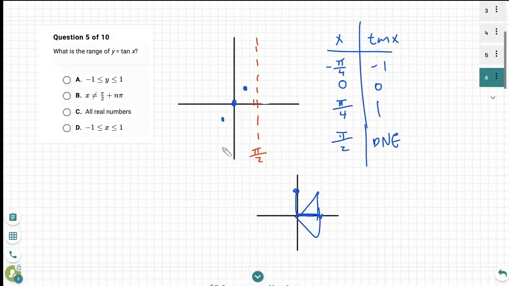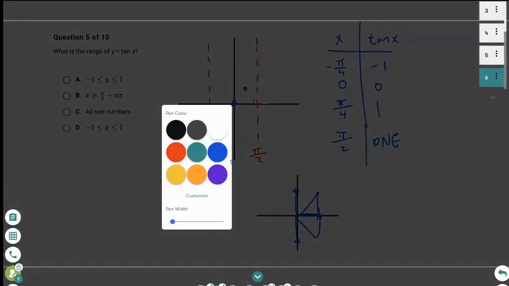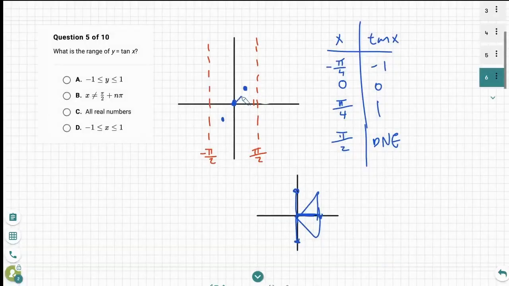And then same thing. What about negative pi over 2? Undefined, right? There's going to be an asymptote there. Okay, good. And then from here, you can draw the curve through the points and follow the asymptotes. So that's what tangent is going to look like.